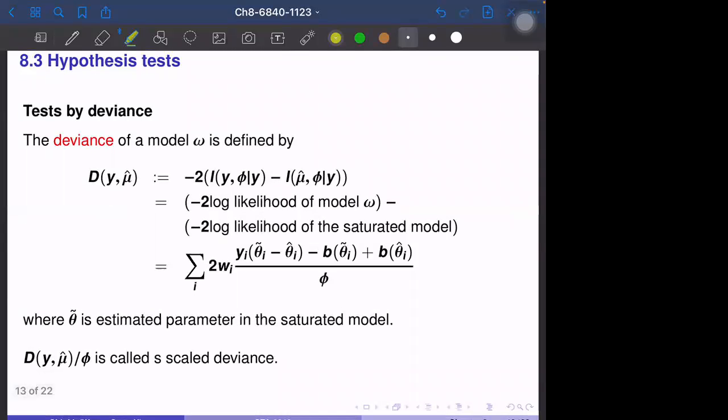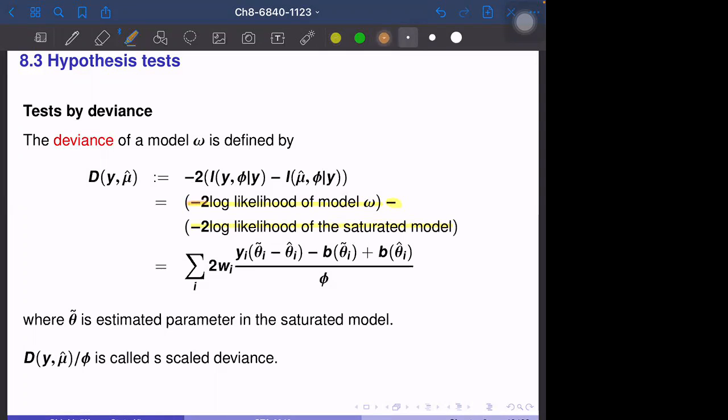Yeah, so at first we define the deviance. So the deviance of the model is defined by basically negative 2 times the log likelihood of the model minus negative 2 times the log likelihood of the saturated model.